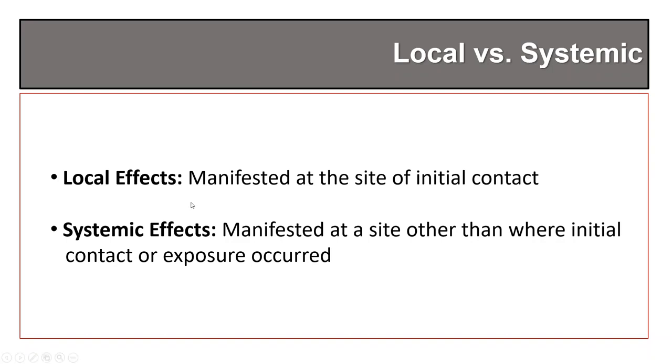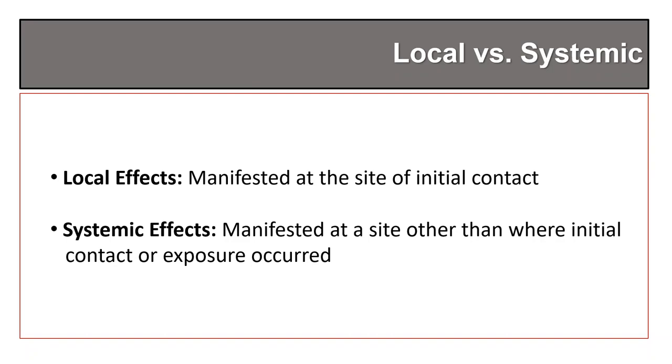And then briefly, local effects are manifested at the site of initial contact. So going back to what I stated a few moments ago, looking at the respiratory system and the inhalation mode, looking at the gastrointestinal system or route and the ingestion mode, and looking at the integument, the skin and eyes, and that direct contact mode.